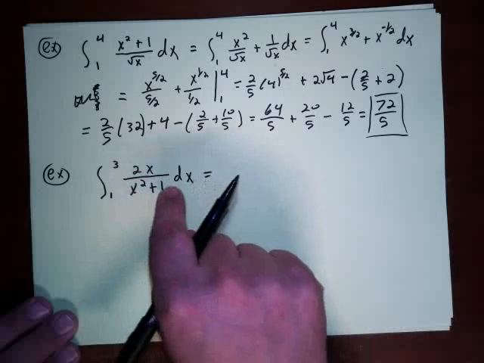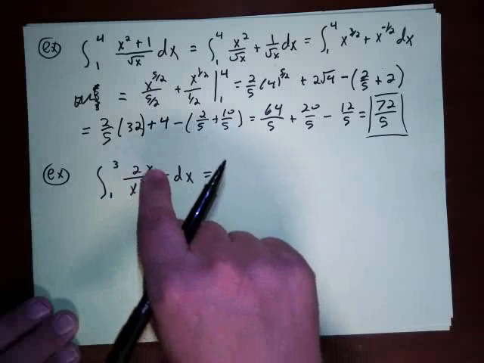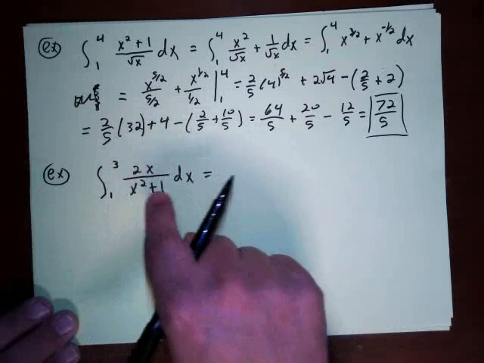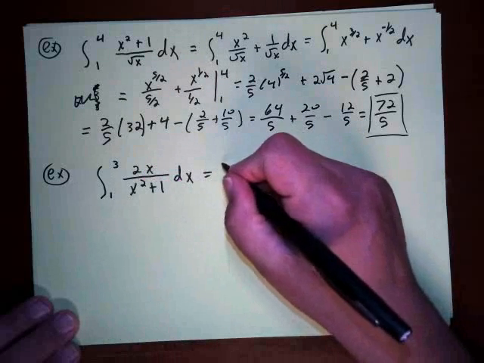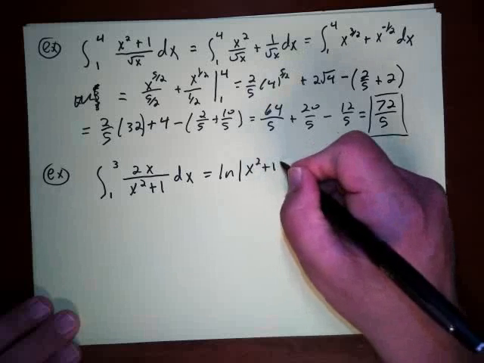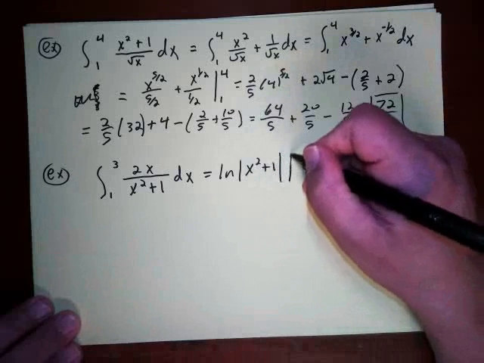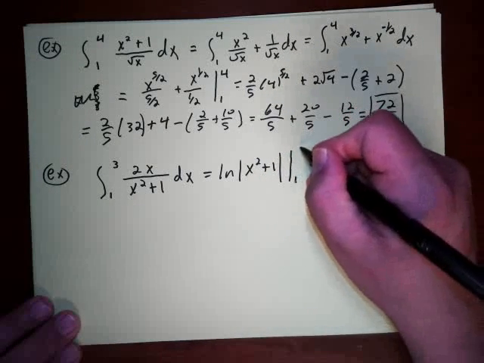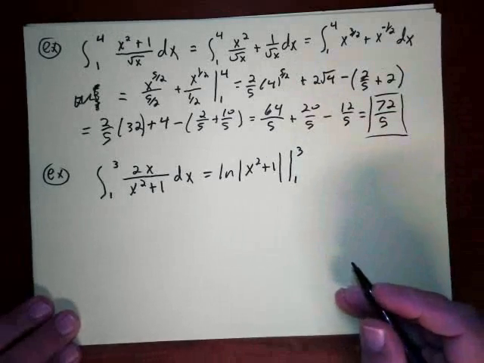It's really easy if you notice that the top of a fraction is the derivative of the bottom. Then you can just write the natural log of the absolute value of the bottom. That's a nice rule, and I'm going to substitute 1 to 3 into that.